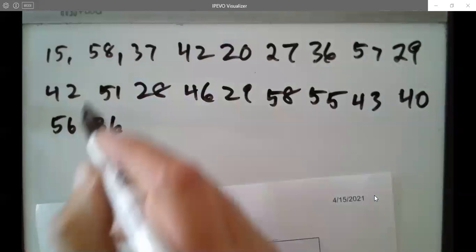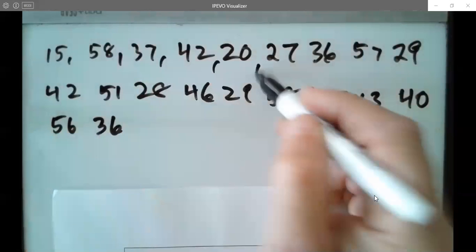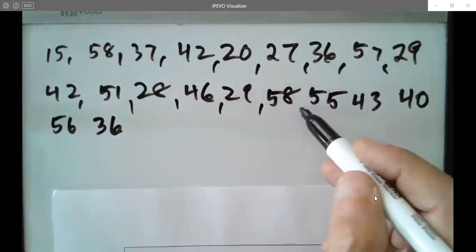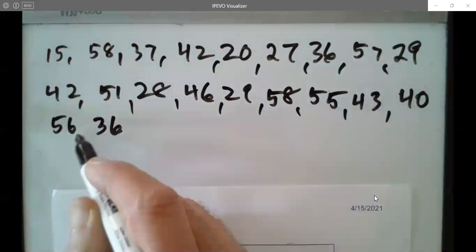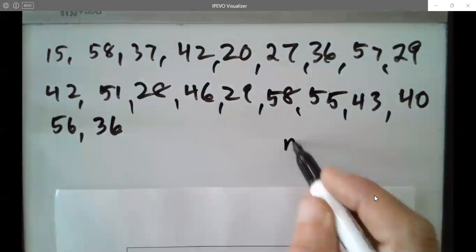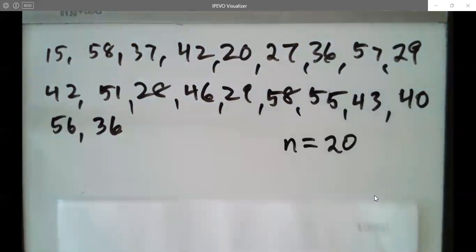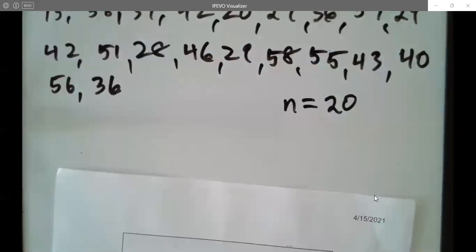Okay, so if you counted all these, you get 20. So n equals 20. So we said that we wanted at least 5 categories.